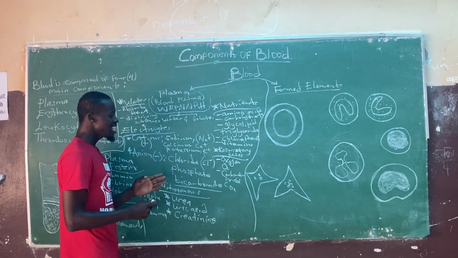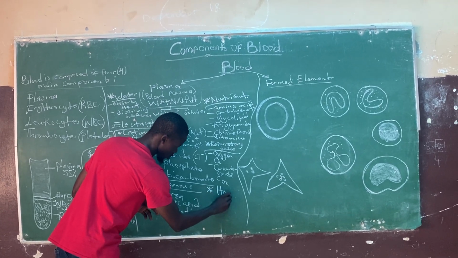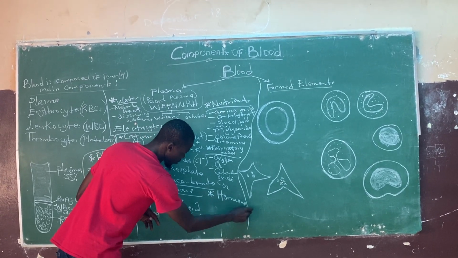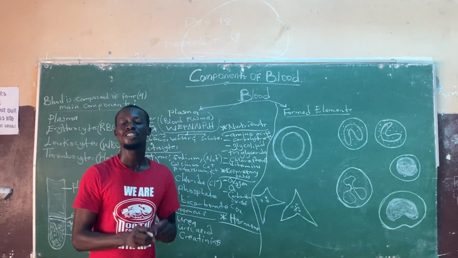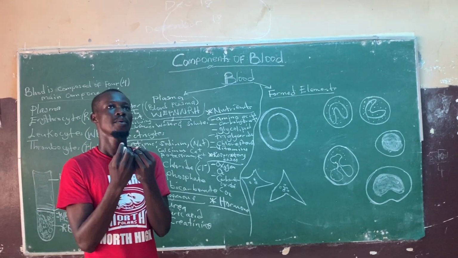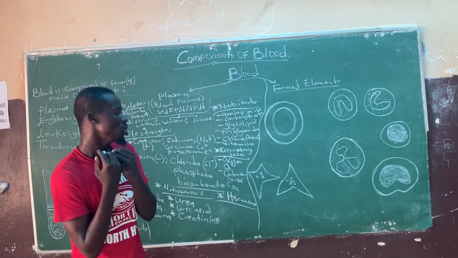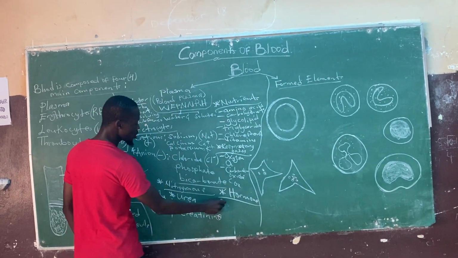Lastly is the H, which represents hormones. Hormones are chemical messengers. They are chemicals that are released into the body that carry information to cells. Specifically, we look at steroid hormones.